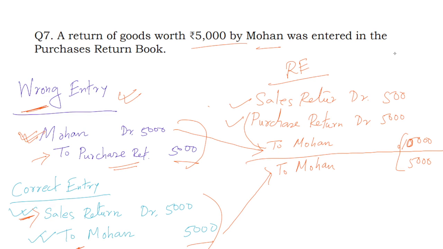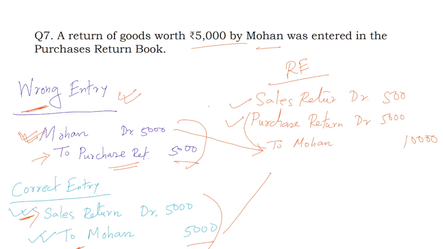So instead of writing twice, we are writing only once. 5,000 plus 5,000, 10,000. Okay, this is the thing. Is it clear, madam? Rupashri, madam?